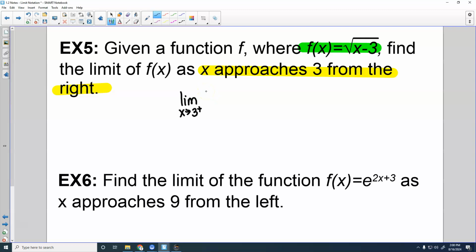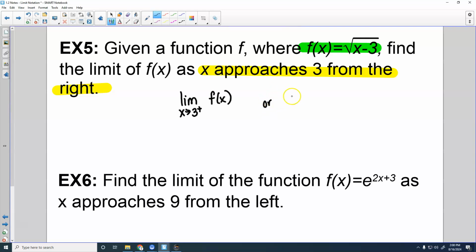I prefer to just write f of x in a lot of cases, unless maybe you're working out the problem or something. But I prefer just to call it f of x, and then I don't have to worry about all the symbols and stuff behind it. Just call it the function name.